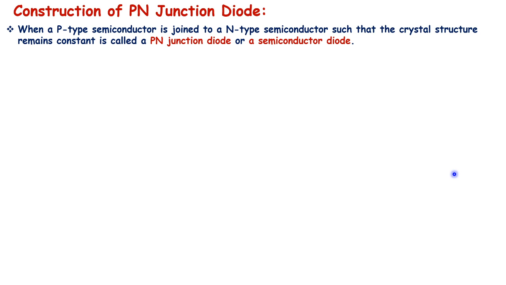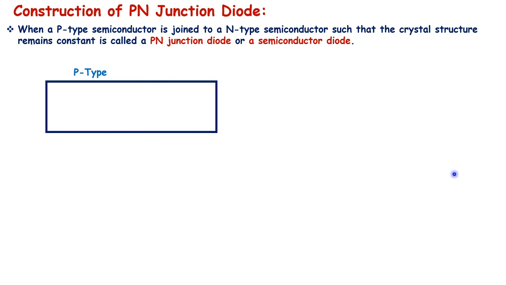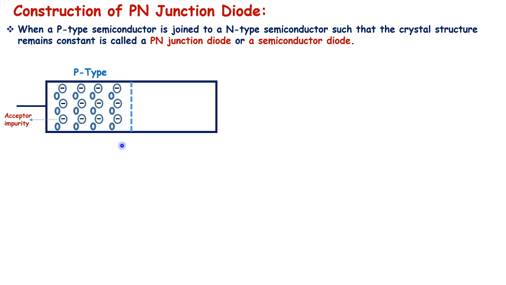Now this is a p-type semiconductor, and in p-type semiconductors these are the holes and these are acceptor impurities. So this is the acceptor impurity, and holes are the majority charge carriers in p-type semiconductor.